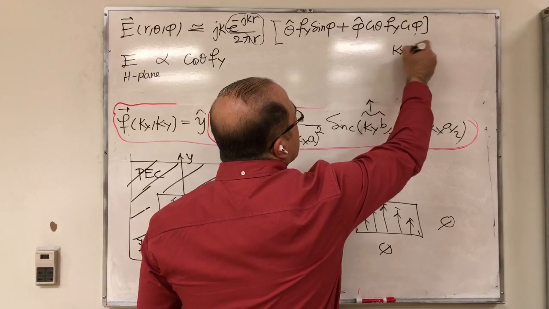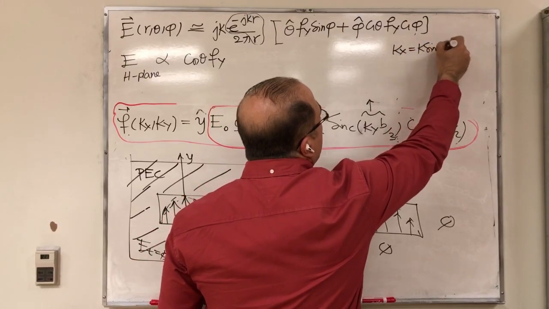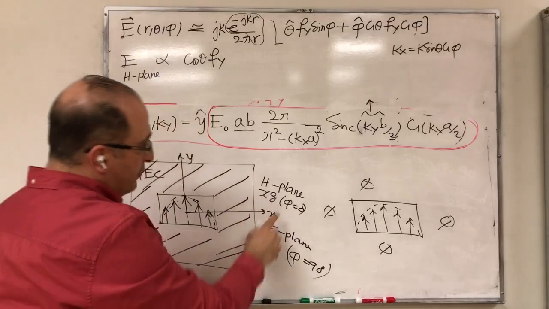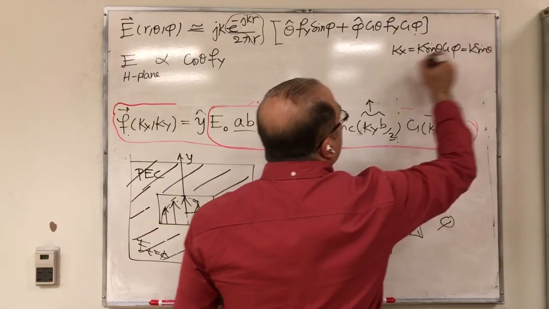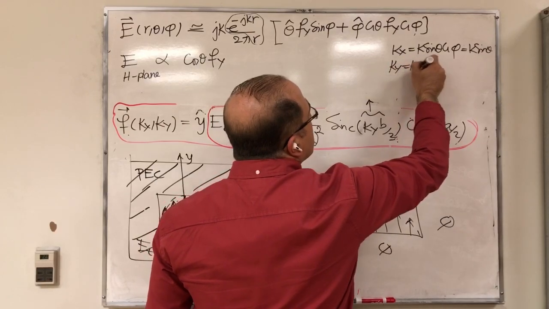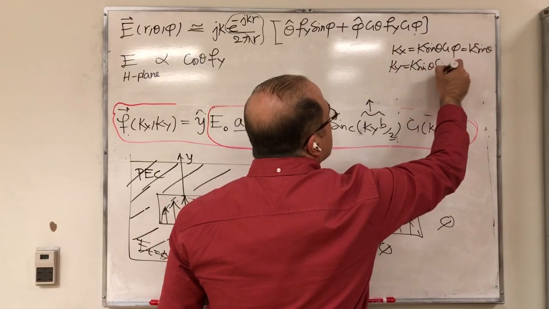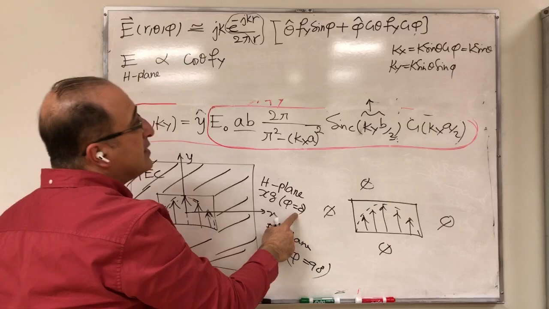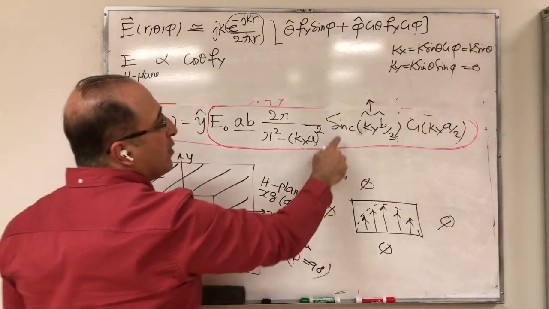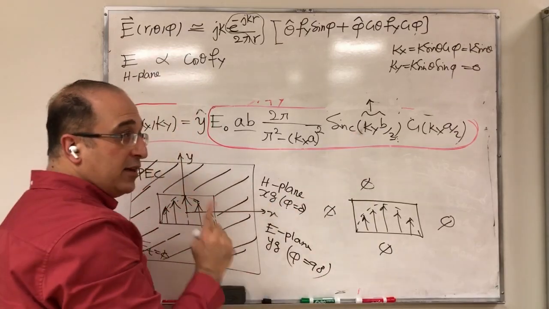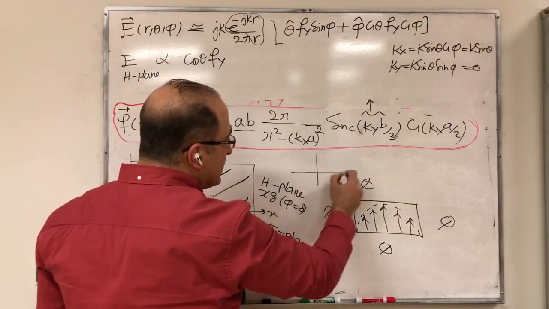My Kx is k sin theta cos phi. Phi is 0, therefore this becomes k sin theta. My Ky is k sin theta sin phi. Phi is 0, so this becomes 0. If Ky becomes 0, I'm having sinc of 0, but sinc of 0 is 1. Remember the sinc function?